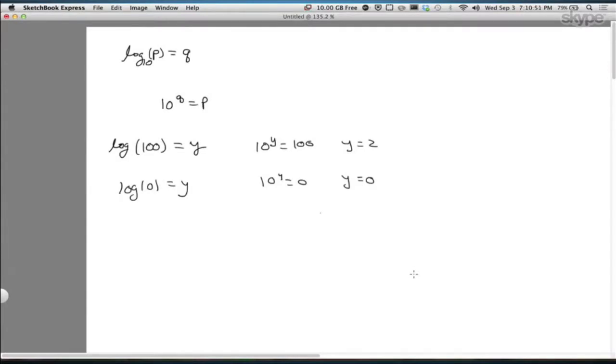So you said the log of 0 is 0? Yes. Now let's check that. Why did you say y was 0 here? Because 10 to the 0th power is 0. Is that true? What is 10 to the 0th power?